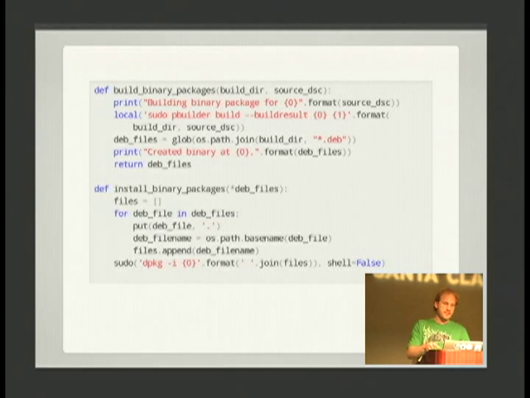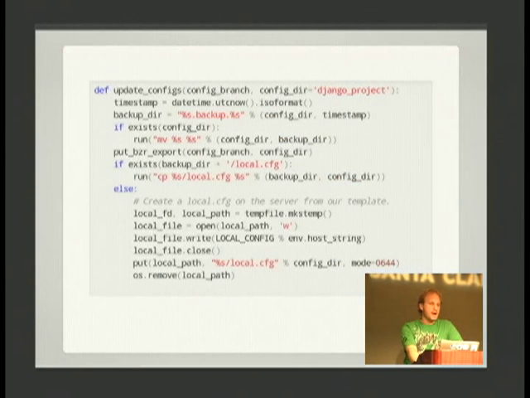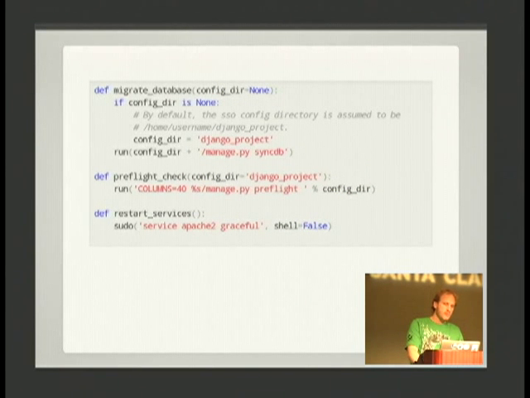Installing the binary package is just putting that Debian file onto the server, and then running the package and installing that Debian file. Updating the configuration branch is not important really. You just push a branch, do some symlinking, do some backing up. You can get this from the slides later. Migrating the database is essentially just this.